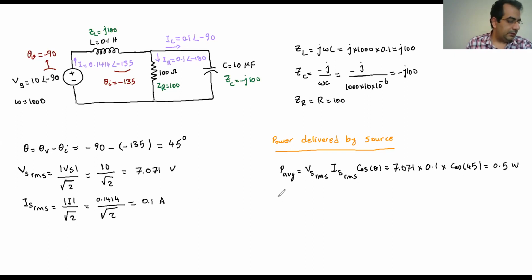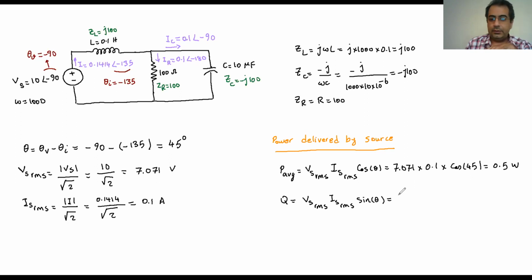The same, we can look at how much reactive power is delivered. So this is the average power delivered, and then the reactive power average is the V source RMS, I at the source, the root mean square of that, and this time sine theta instead of cosine theta.